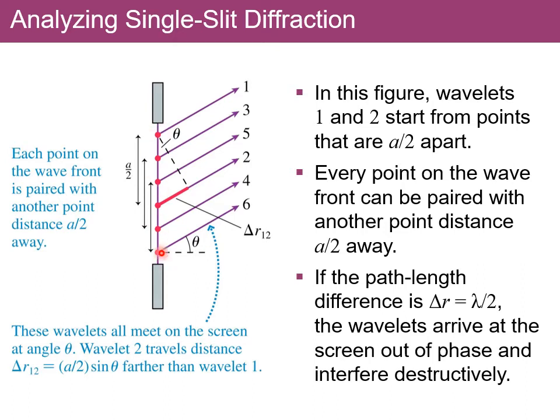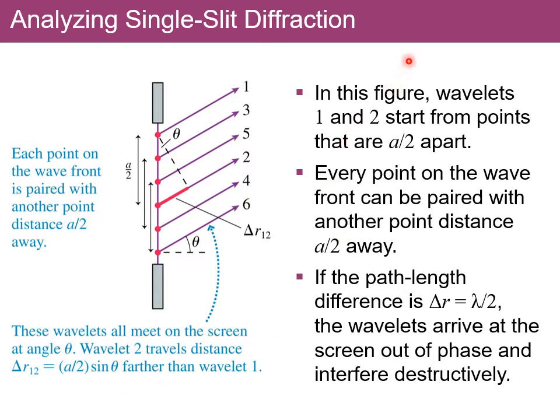In this figure, wavelets 1 and 2 start from points that are a/2 apart. Every point on the wavefront can be paired with another point a distance a/2 away. The two wavelets in these pairs have a difference in travel distance Δr equal to a/2 times sin θ.